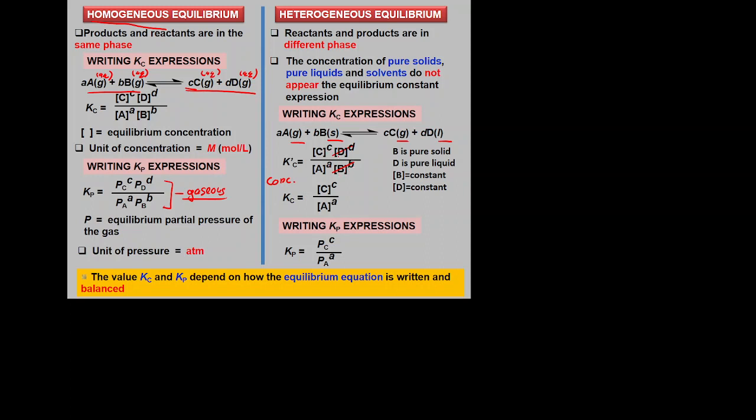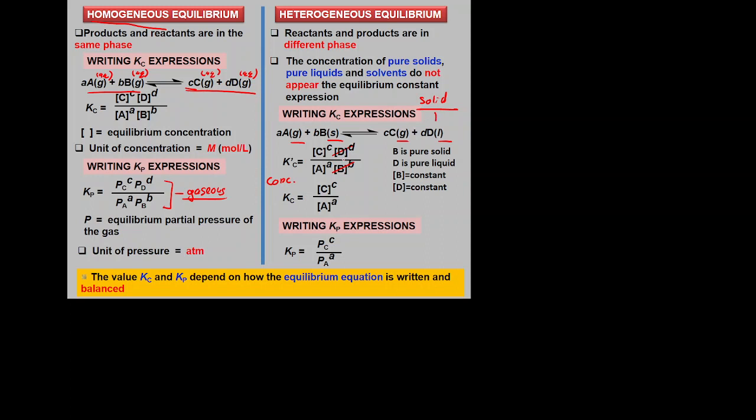But know that, okay, kalau the solid, apa-apa yang macam solid, okay, solid ada concentration ke? Solid tak ada kan? Solid tak ada kepekatan. So dia punya value should only be 1.